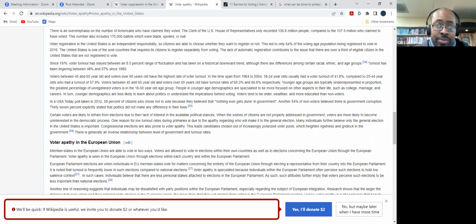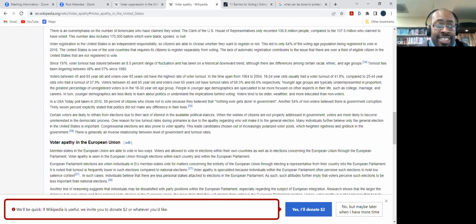In a time span between 1964 and 2004, voters between the ages of 18 and 24 had a voter turnout of 41.8% compared to those who are aged 25 to 44, who had a voter turnout of 57.9%.